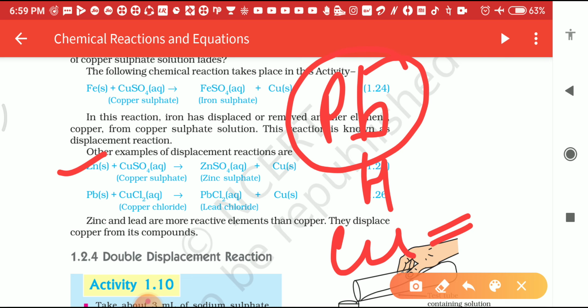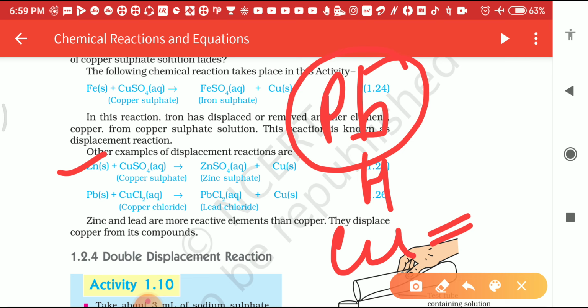I will again tell you the reactivity series: potassium, sodium, calcium, magnesium, aluminium, zinc, iron, tin, lead, hydrogen, copper, mercury, silver and gold.